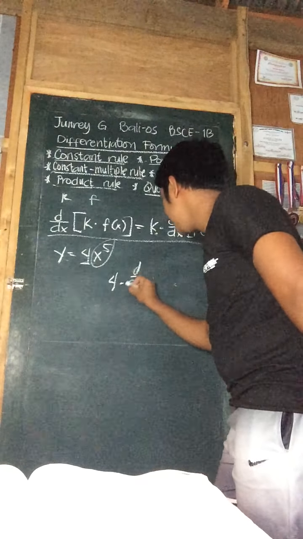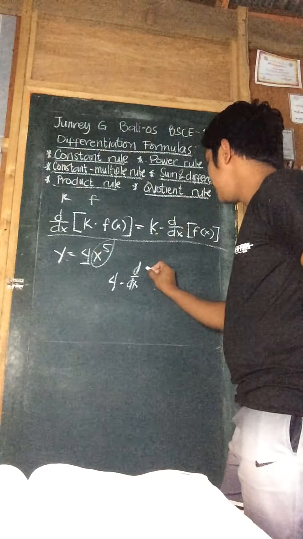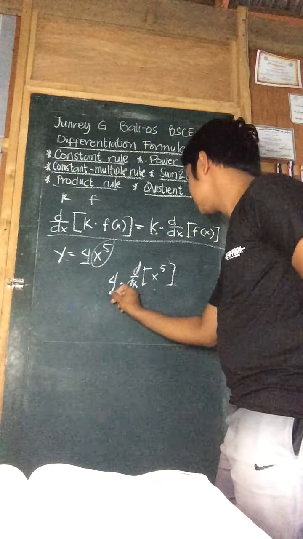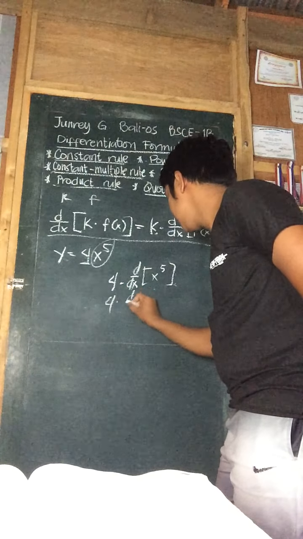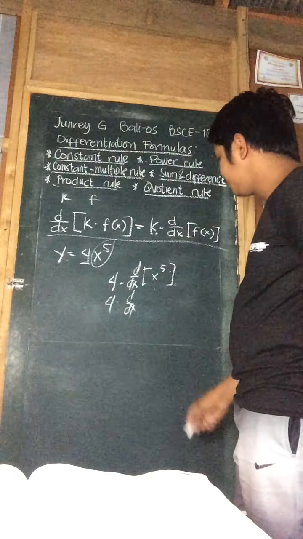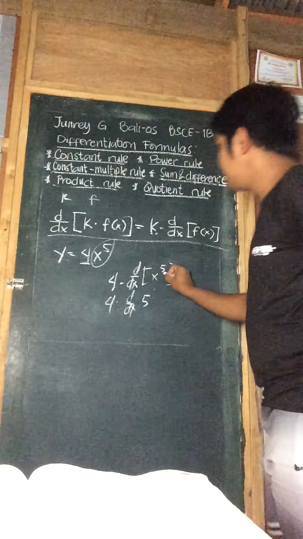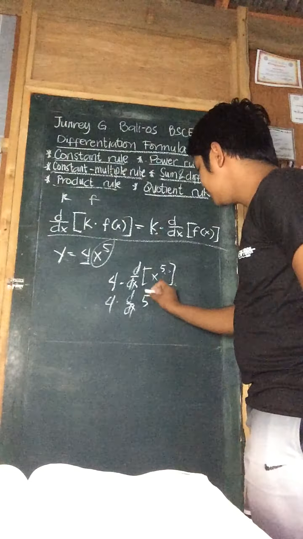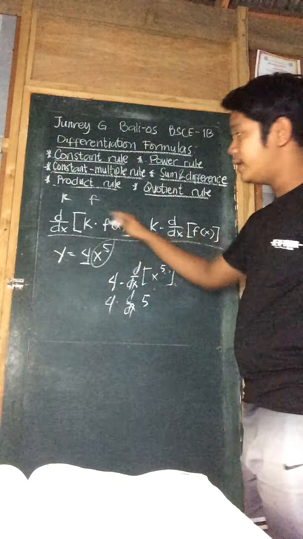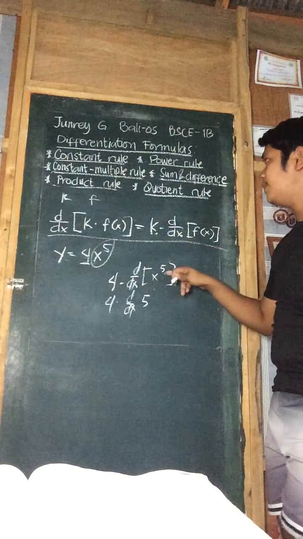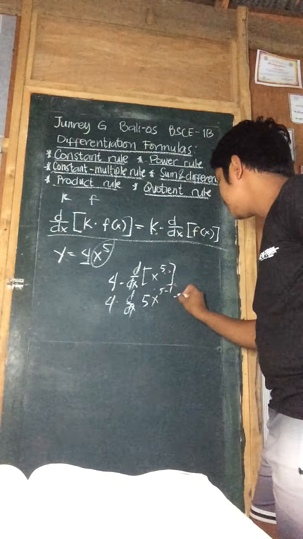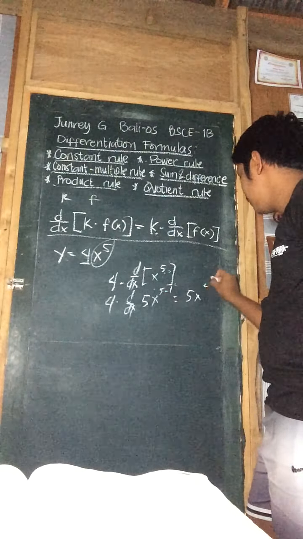So d over dx of x raised to 5. This is the constant multiple, but this x raised to 5 is the power rule. So 5 minus 1 is equal to 5x raised to 4.